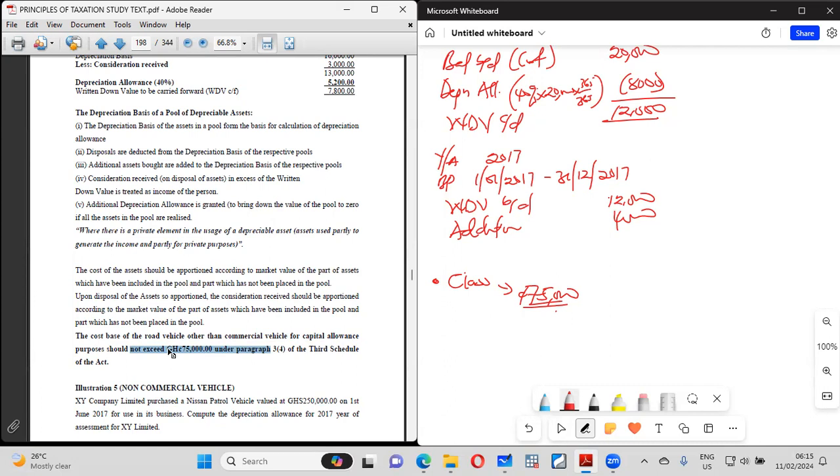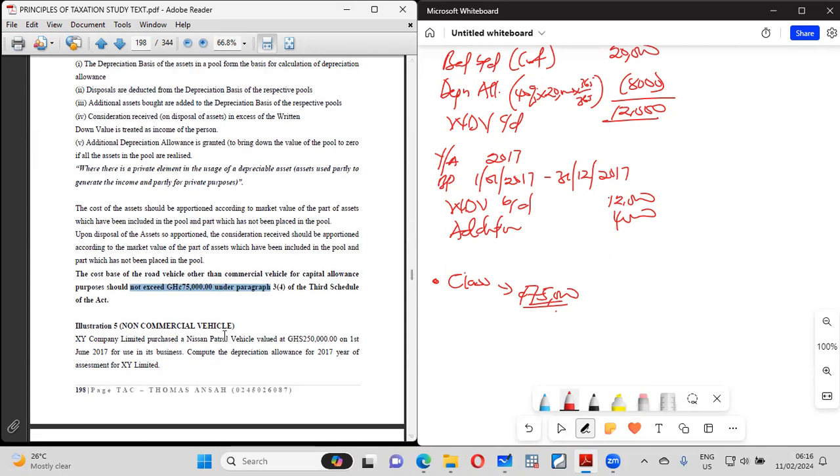And I've explained to you that those that are non-commercial, because the commercial ones are the ones that we take here in Ghana. We call it the trusky. So if it is not a commercial car, then it means that you are limited to 75,000 as a depreciable basis.